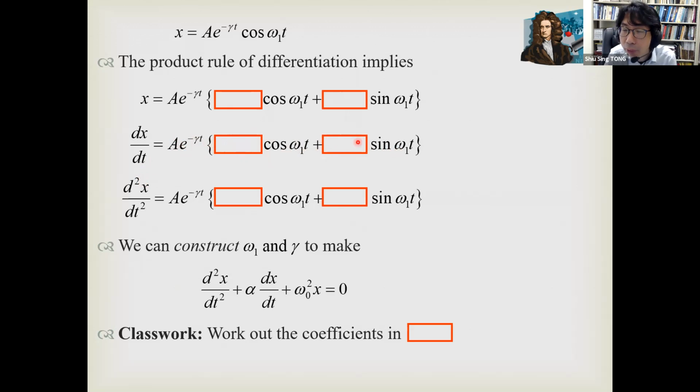You are going to calculate these six coefficients. For the first line, of course, the cosine coefficient is 1 and the sine coefficient is 0. We know that. But for dx/dt and d squared x/dt squared, you are going to do it.